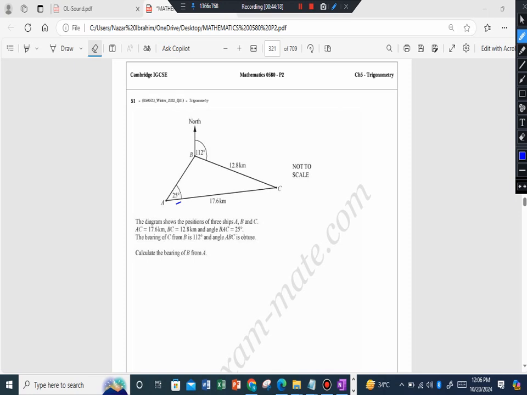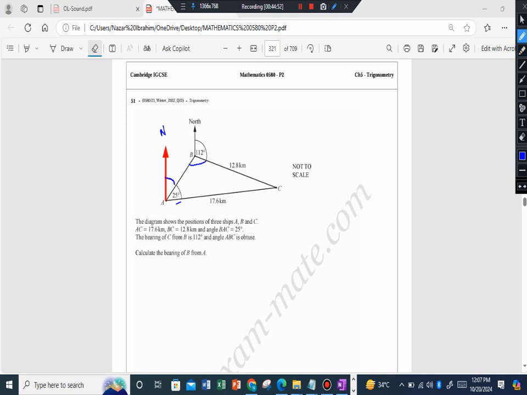Calculate the bearing of B from A. The bearing of B from A, right? It means that from the north of A, if I make this line like this, from the north of A to B, the bearing of B from A.